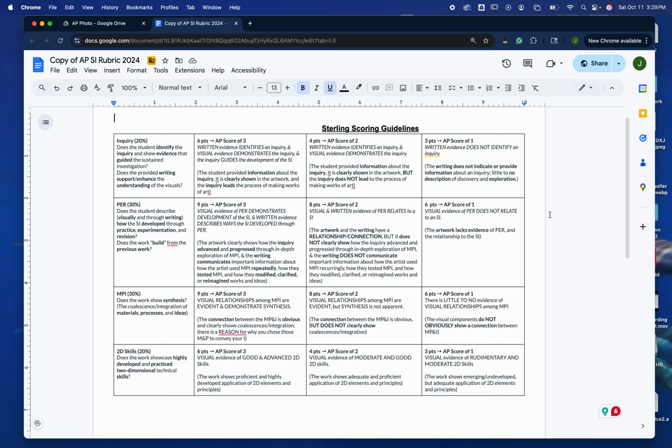Also 30%, so another one that's emphasized here is materials, process, and ideas. This very much relates to your inquiry, and this is something that we've done before, but what you need is a clear, purposeful decision on what your process was, whether that be setting it up, lighting, taking it, editing it, and the materials. That's a lot of different things.